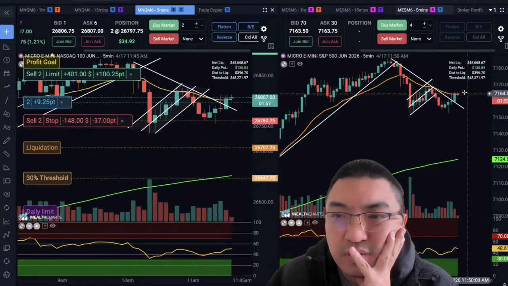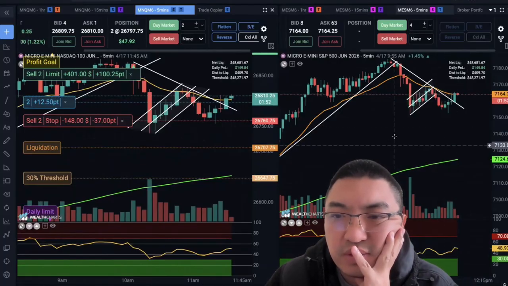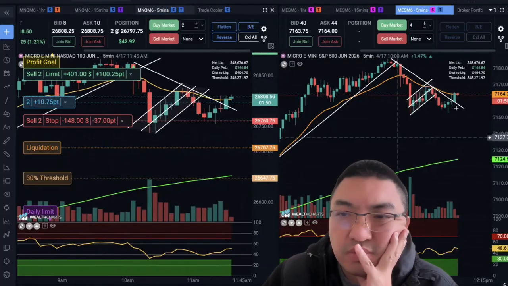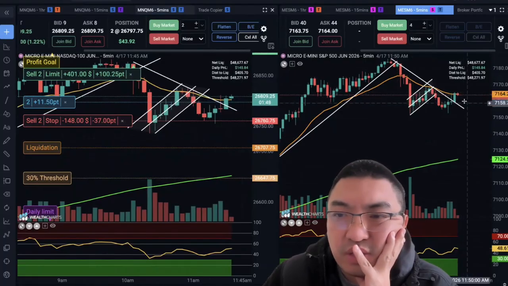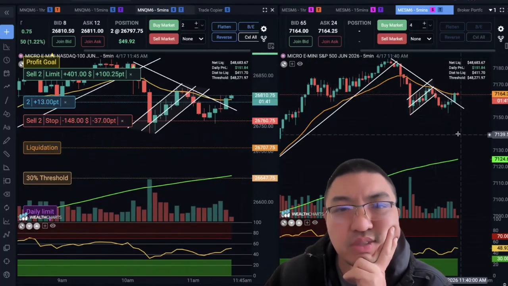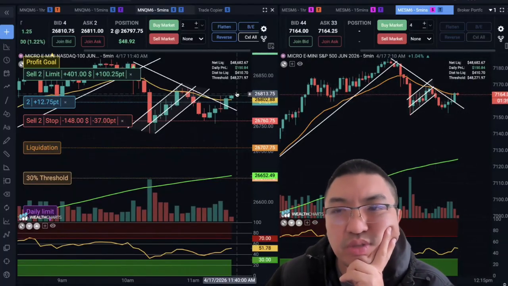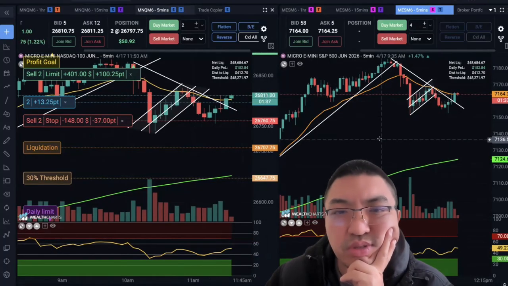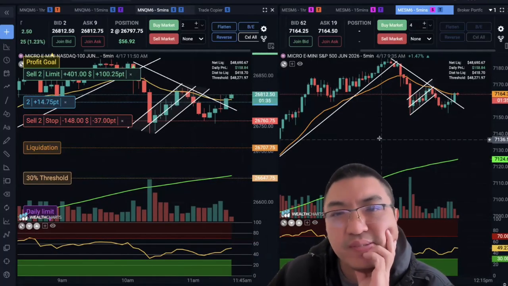Oh, yes, it shows a downward intention. Then if it's a downward engulfing, then this is a lower high, lower high, lower high, lower high, lower high. That's not good. But NQ still shows the upward intention, so I'll keep holding the trade.